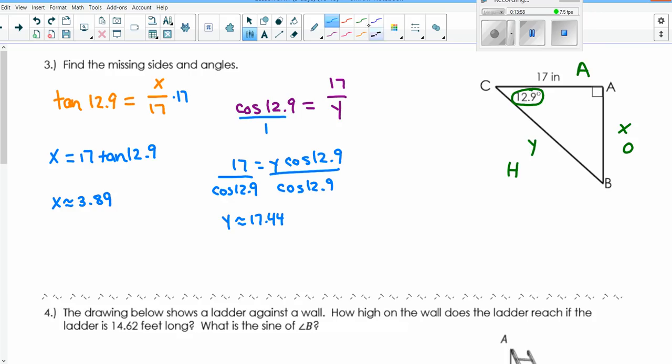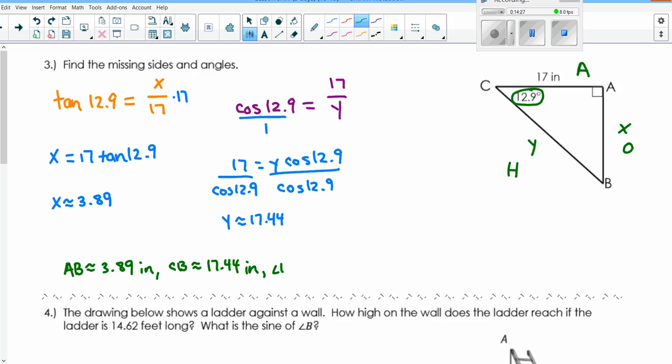Alright, so now I can summarize everything. I have that segment AB, which was X, is about 3.89 inches. I have that segment CB is about 17.44 inches.